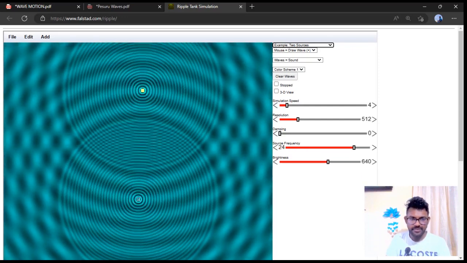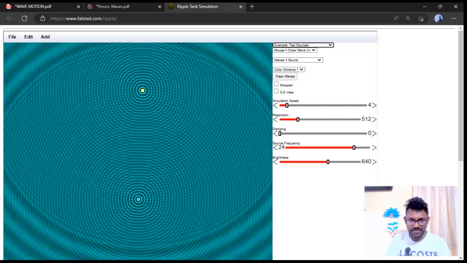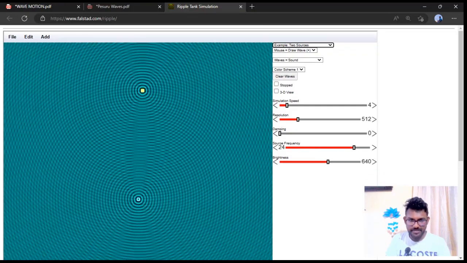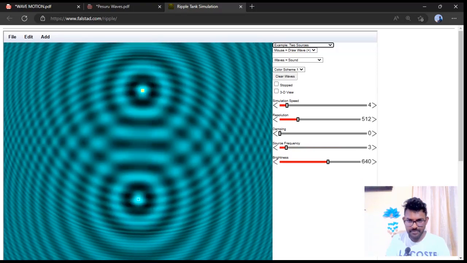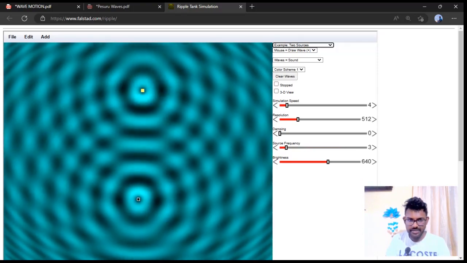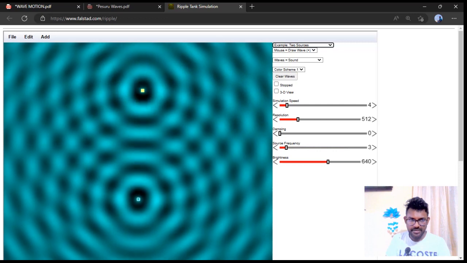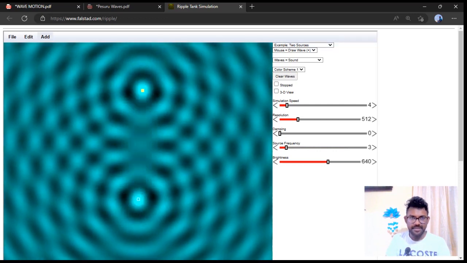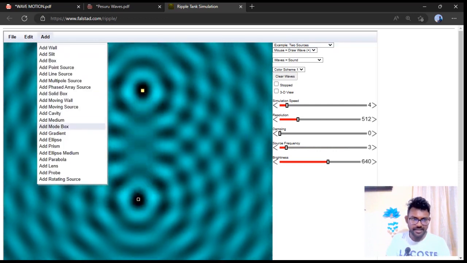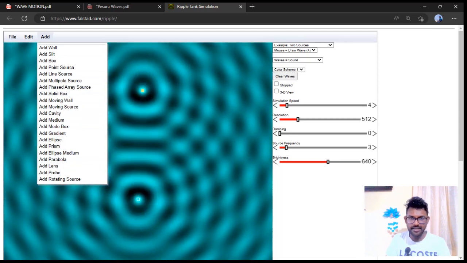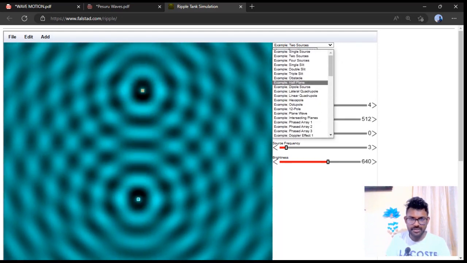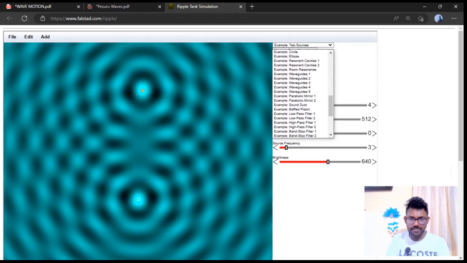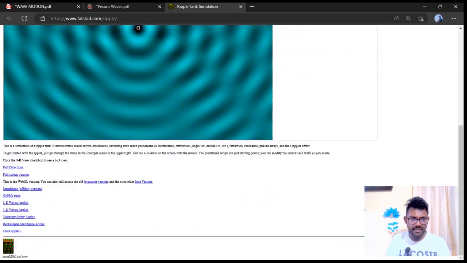We can increase the source frequency, which means the number of cycles per second, and you can reduce it all the way down. Now this is just 3 hertz. Likewise you can play with that, and add anything there, like the cavity, parabola, and there are sources, triple slits, obstacle, and you can play with anything.